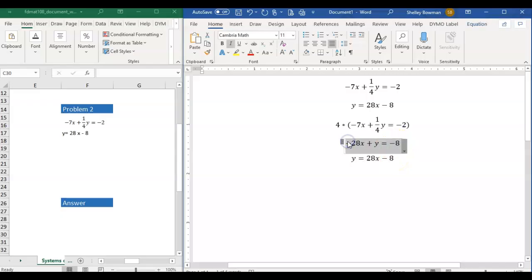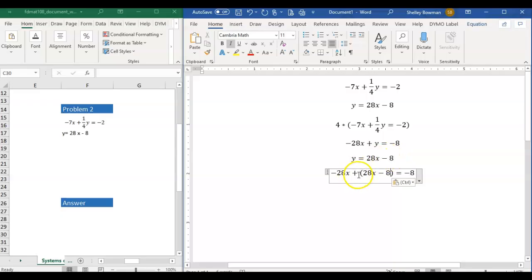I'm going to press Control C to copy, Control V to paste, and replace the y with parentheses so that I make sure everything that y equals goes in for y.